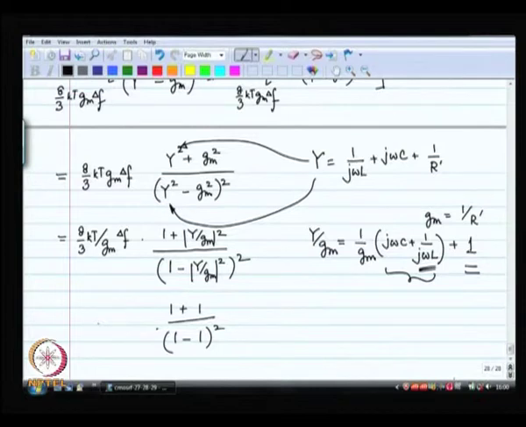Agreed? So, I have got a quantity over here which is infinitely large squared. So, I have got infinity squared, square of that. So, I have got infinity to the power 4 in the denominator. I have got infinity squared in the numerator, which means that I have got effectively infinity squared in the denominator, and which means that the noise at DC is 0. There is no noise at DC.